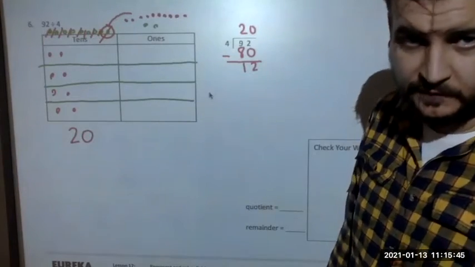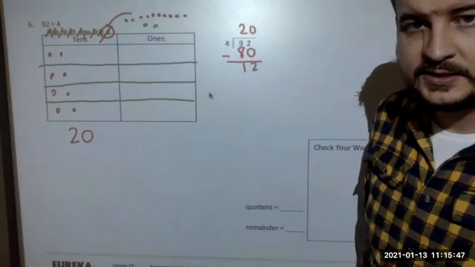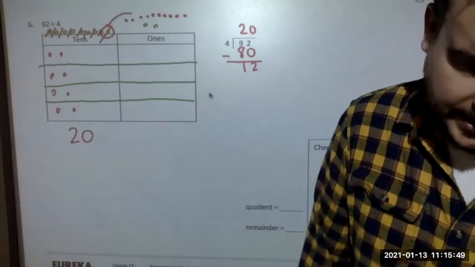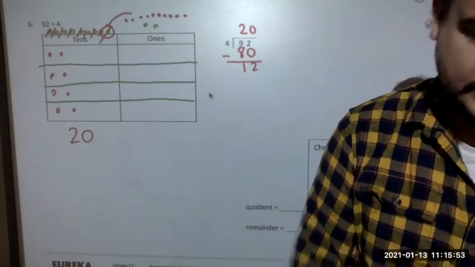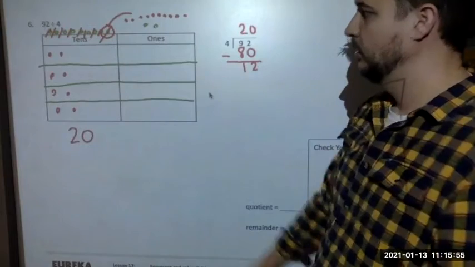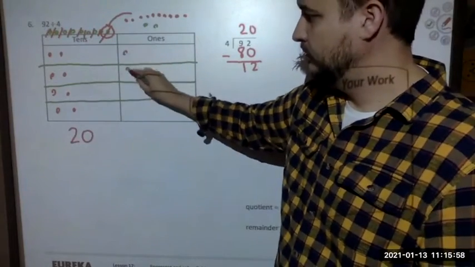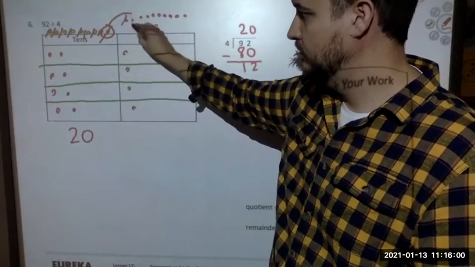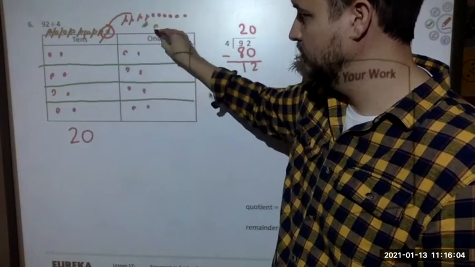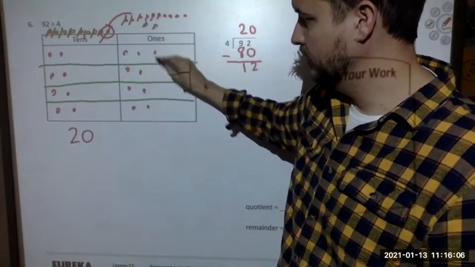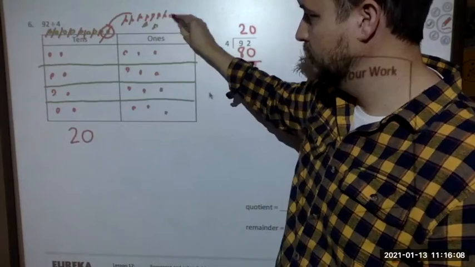There's 12. I'm on the right track. I'm going to share that with 4. If you know your facts, then you know that 4 can go into 12 evenly. So that's good. 1, 2, 3, 4. 1, 2, 3, 4. 1, 2, 3, 4.